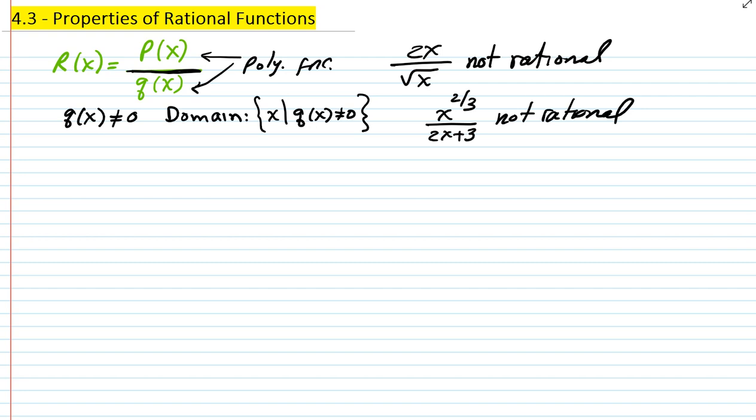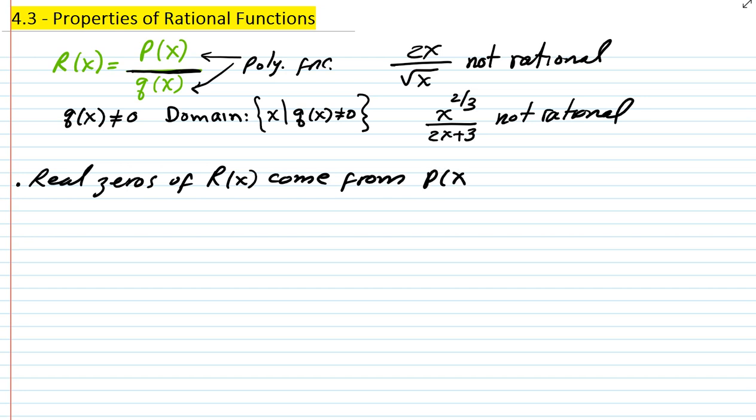Now the real zeros, this is important. The real zeros of a rational function only come from the numerator. So the real zeros of r of x come from setting p of x equal to 0.